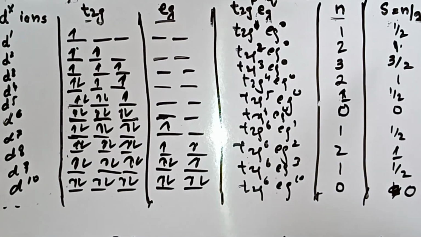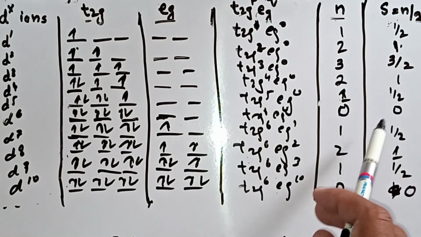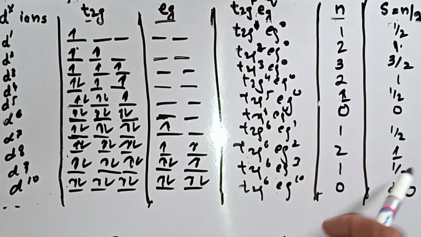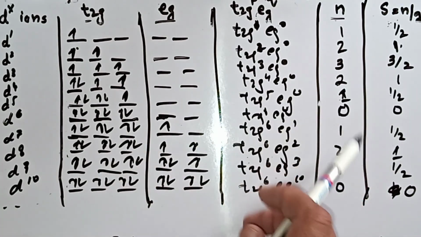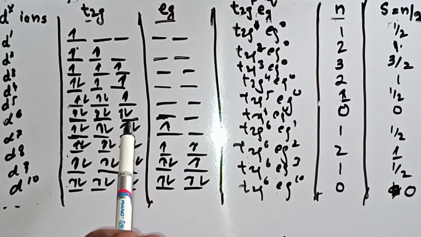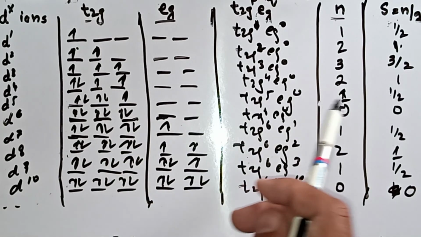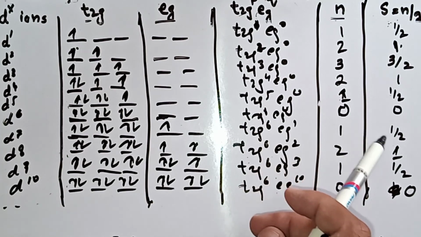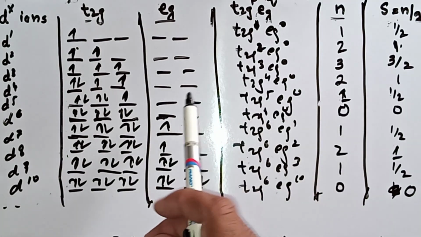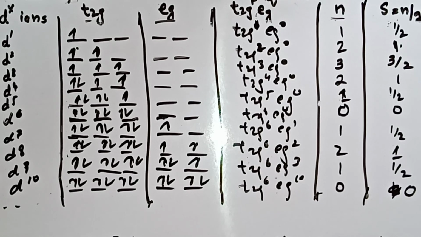When you compare the resultant spin of strong ligand and weak ligand, the strong ligand will have low spin, while the weak ligand will have higher spin. So weak ligand will have a high spin complex, while strong ligand is called low spin complexes.